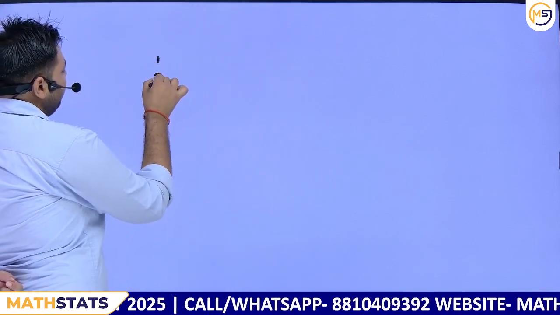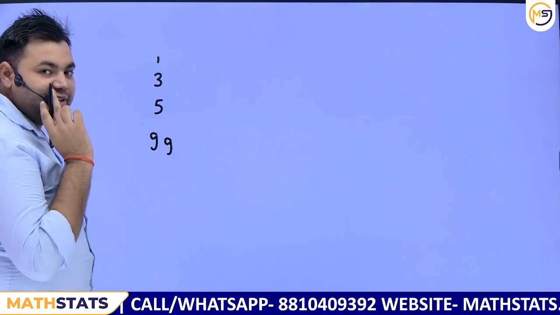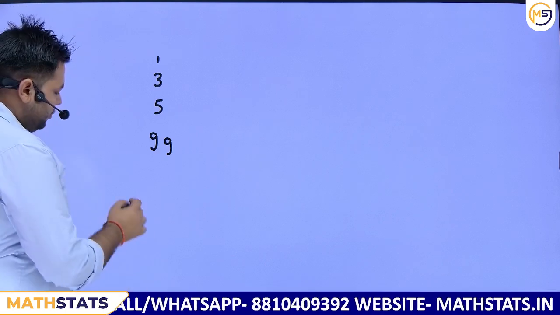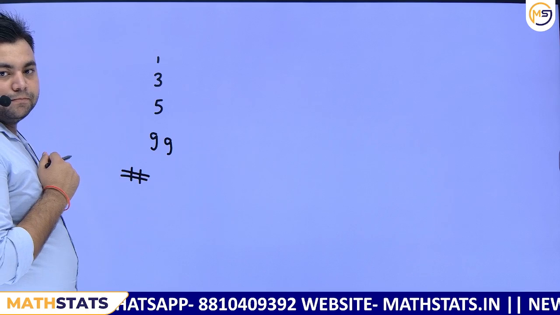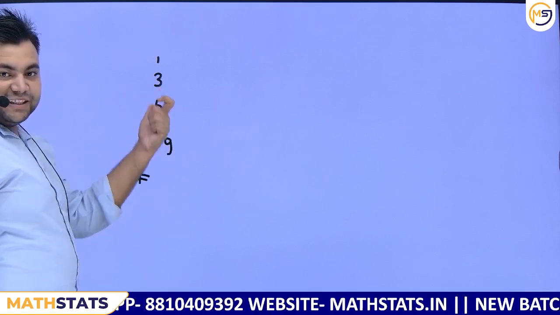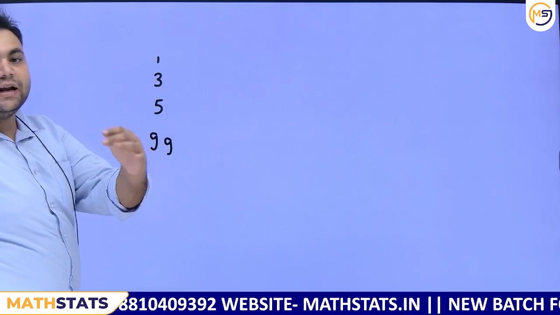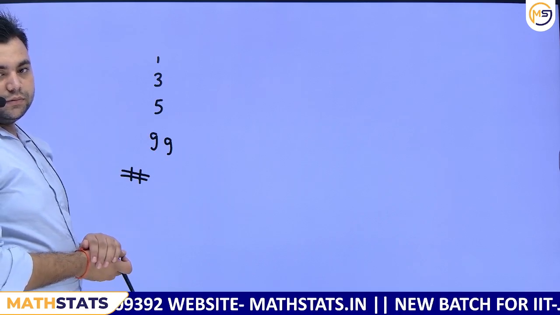So this is the 1 3 5 series. How many terms are here? What is the number of terms here? How many terms are in this series, 1 3 5 7 and so on up to 99? 50. Okay, 50.